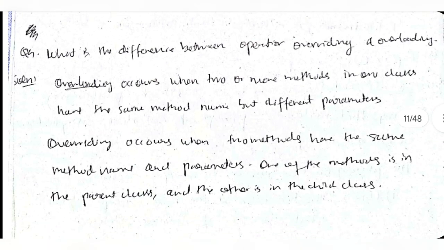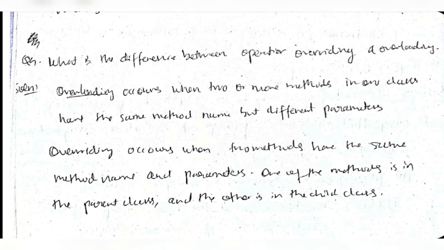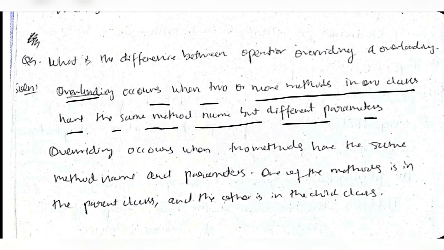Okay, the next question is what is the difference between operator overriding and operator overloading. Overloading occurs when two or more methods in one class have the same name but different parameters.